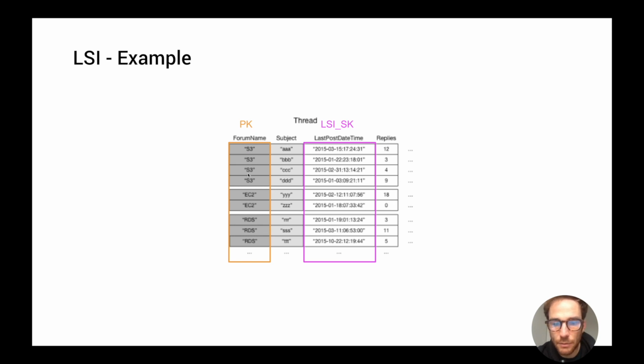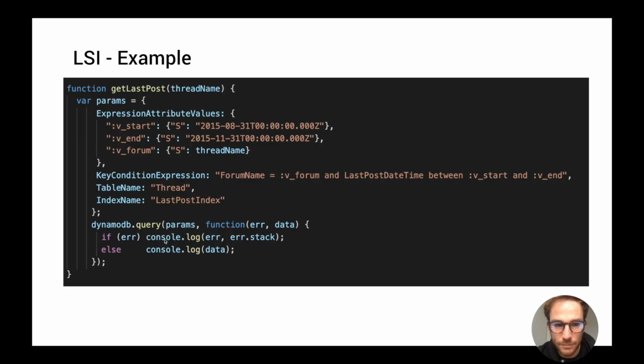But now let's say we want to query all the threads for a specific forum name within the last 3 months. We can do that using this query, for example. This is a function that I've written in Node.js. I receive a forum name as an input, and then I specify the start and end date.